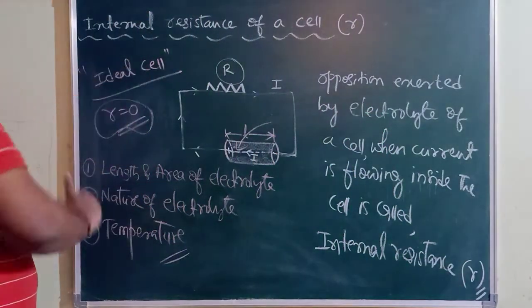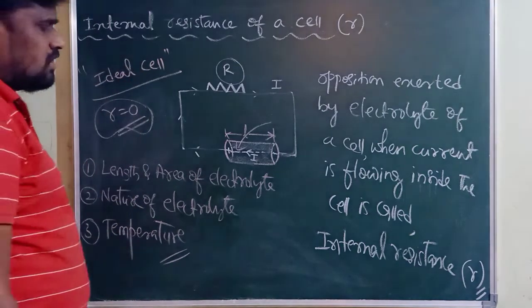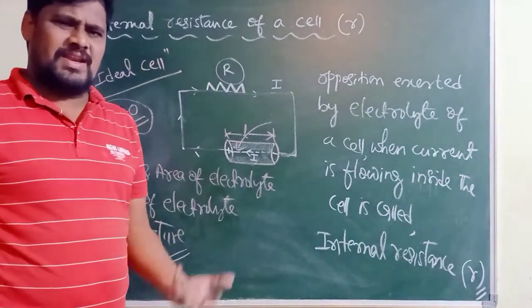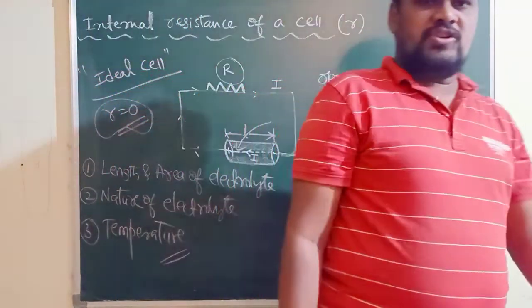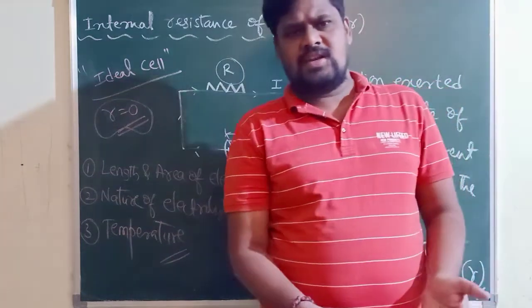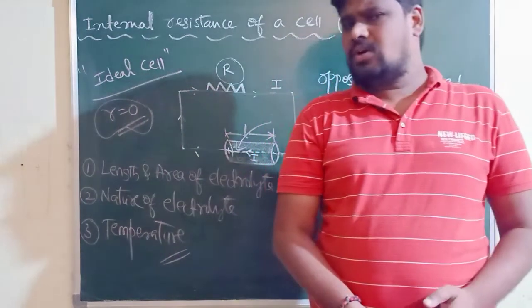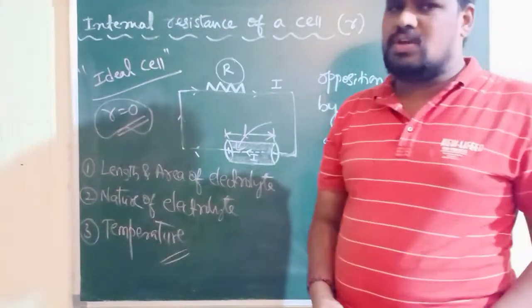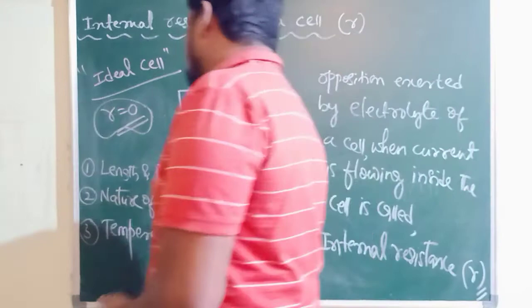If any cell is treated as an ideal cell, its internal resistance is 0. In any examination, if they mention an ideal cell, its internal resistance is taken as 0.